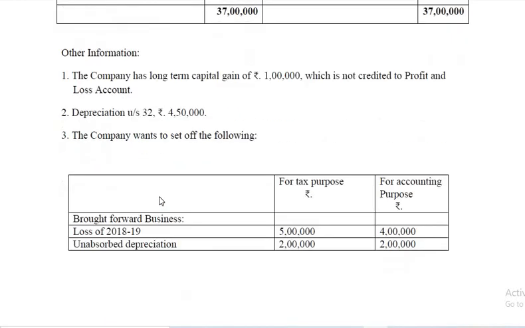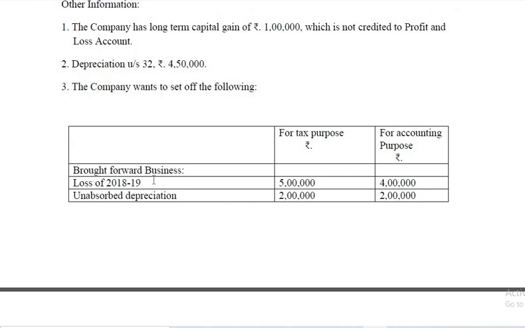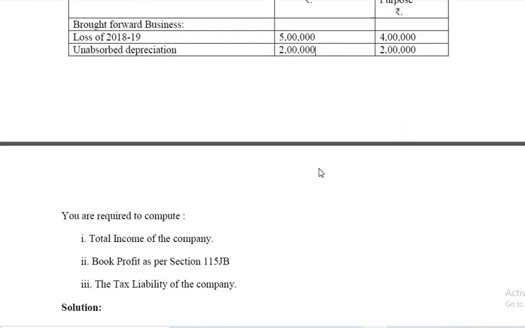Okay, then you have got brought forward business losses of 5 lakh for tax purposes, and again unabsorbed depreciation for tax purposes of 2 lakh. So what you have to do is first compute business income, then find out the possibility of set off of these 5 lakhs, and if there is still surplus you can set off unabsorbed depreciation.